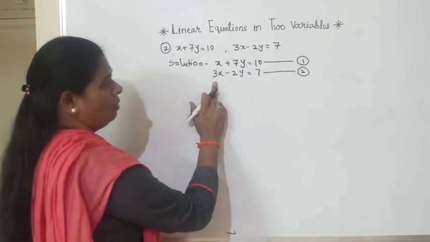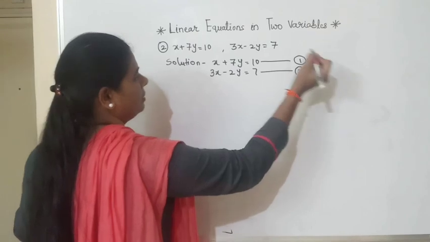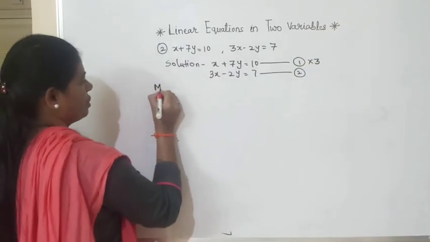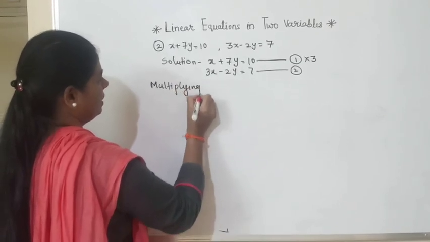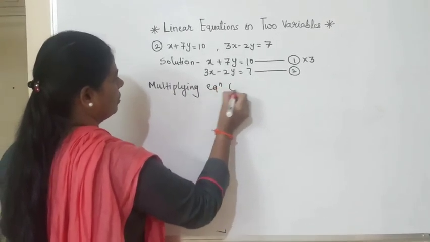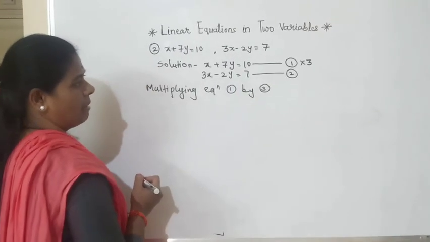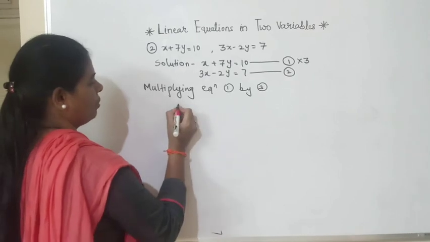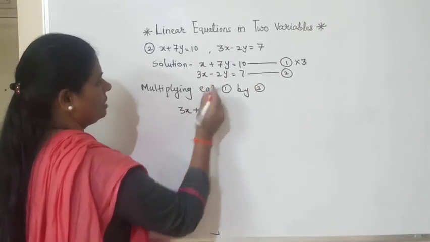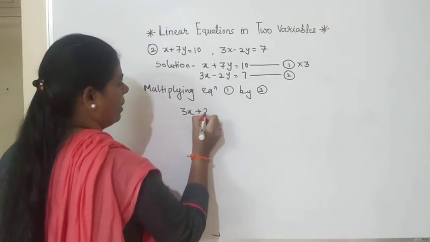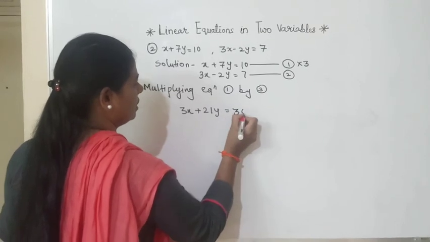So if you have to make x same, then you have to multiply equation 1 by 3. So multiplying equation 1 by 3. ओके. सो after multiplying, इक्वेशन 1 काय होत आहे, 3 1 जा 3, so that will be 3x प्लस 7 3 जा 21y that is equal to 10 3 जा 30.